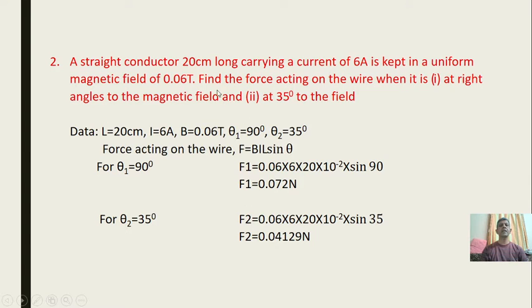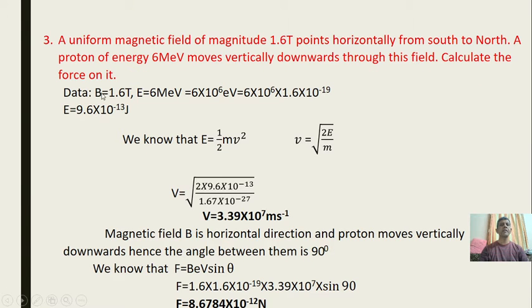That means a current carrying conductor of length 20 centimeter carrying a current of 6 ampere placed in a magnetic field of 0.06 Tesla experiences a force of 0.072 Newton when placed at right angles to the field, and 0.0429 Newton when placed at 35 degree to the magnetic field.